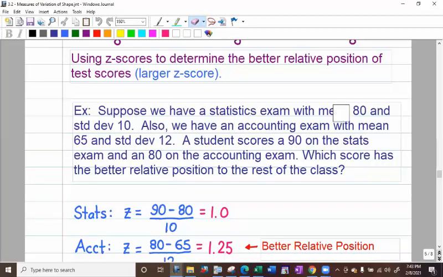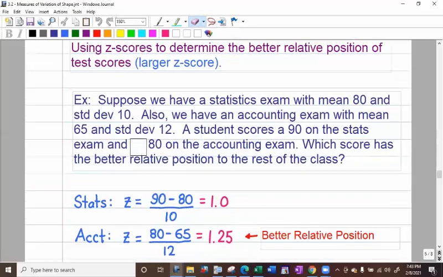Now let's say on the stats exam, you had a mean of 80 and a standard deviation of 10. Now, we have an accounting exam, which was apparently much more difficult here.